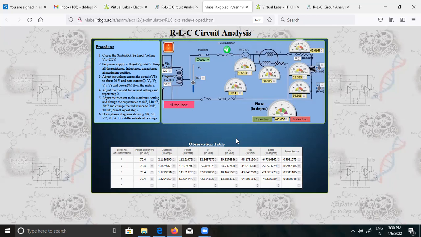This experiment covers different points: whenever we change the values of resistance, inductance, and capacitance, the values of voltage change. And as they are connected in series, this circuit is called the series RLC circuit. In this way we have to analyze and study the series RLC circuit.